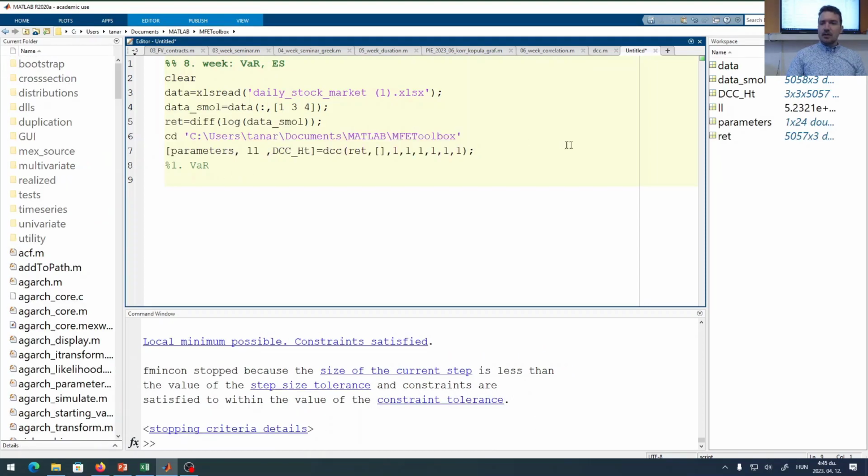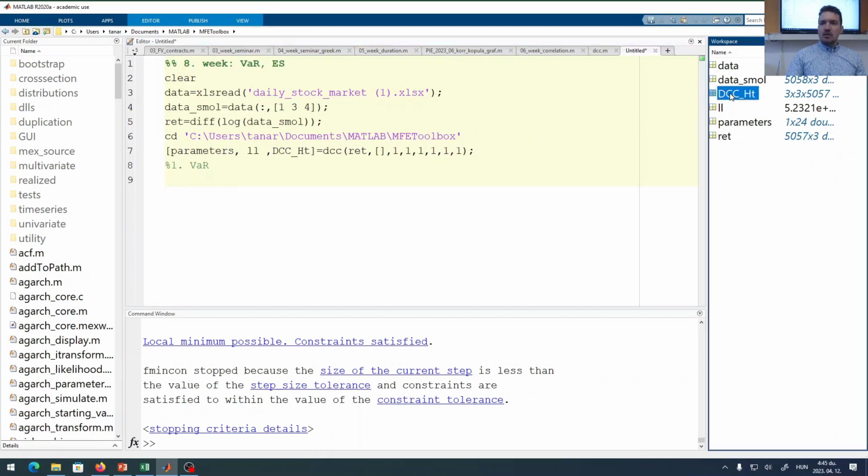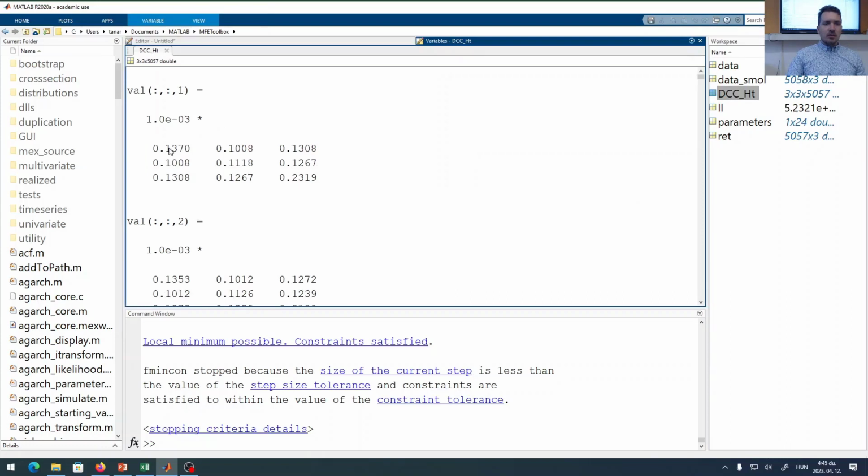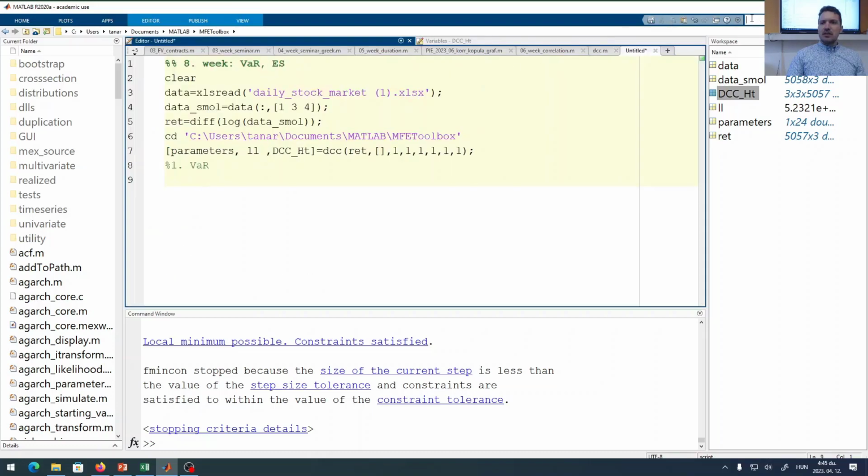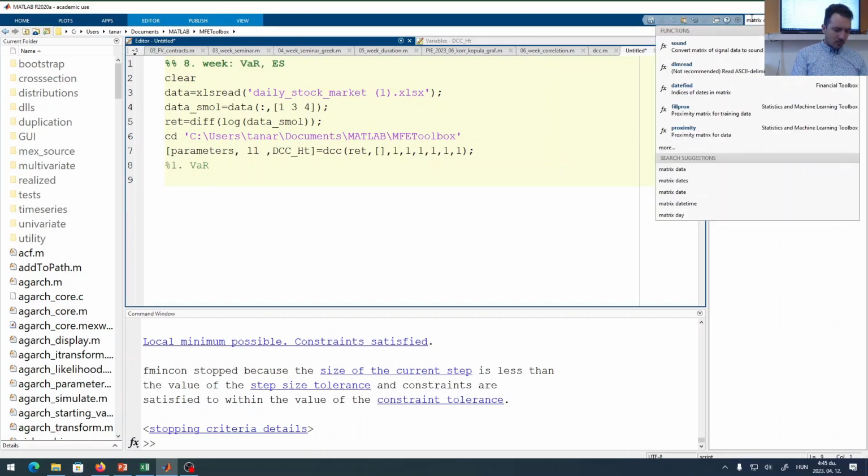Okay. If we need just the variances, then we need the diagonal.